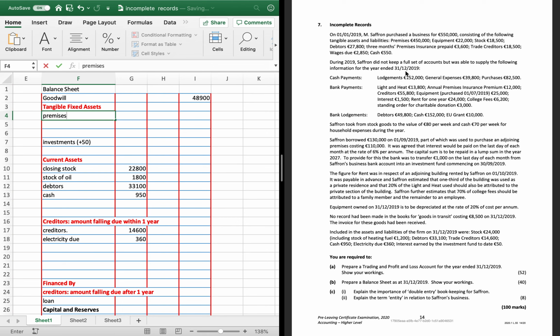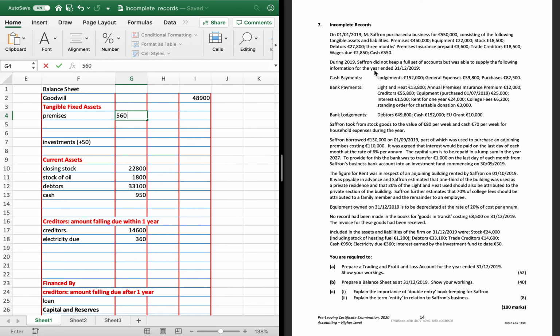So premises at 450. There's normally a loan to buy a premises, so it's normally in the paragraph at the bottom. So we borrowed 130, part of which was used to purchase an adjoining premises for 110. So the premises is going from 450, add on the 110, so 560.